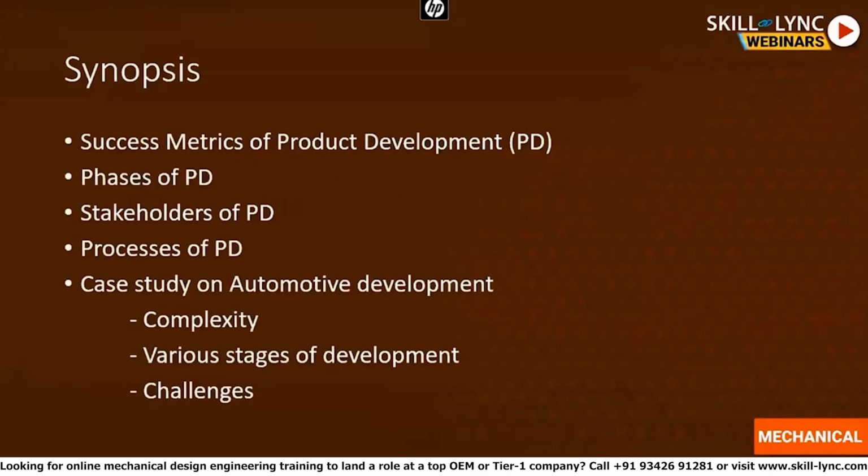So what will you basically take away from this session? Of course, you will know what product development is and how the success of product development is measured, the different stages of product development, and who all the participants or stakeholders of product development are. You will also learn how different products are developed in different processes, and what drives each product development process.